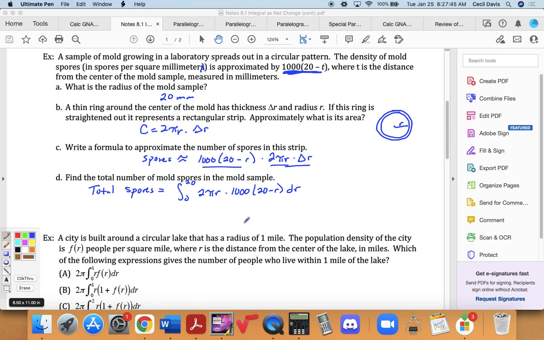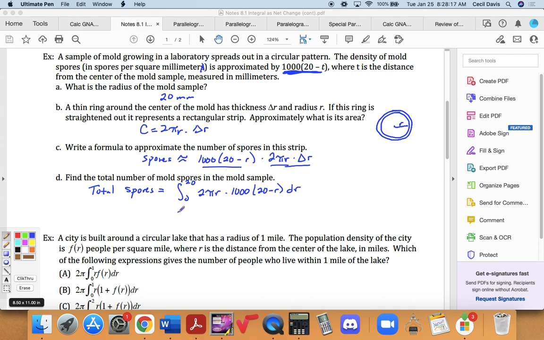So we're basically taking the density of the strip and putting it into an integral. We're taking the area of that strip times the density, which gives you the number of spores, and integrating that because what we're going to do is take the whole circle and break it into a bunch of rings.